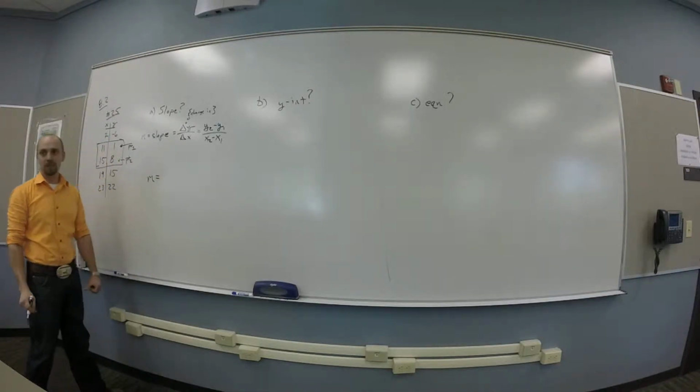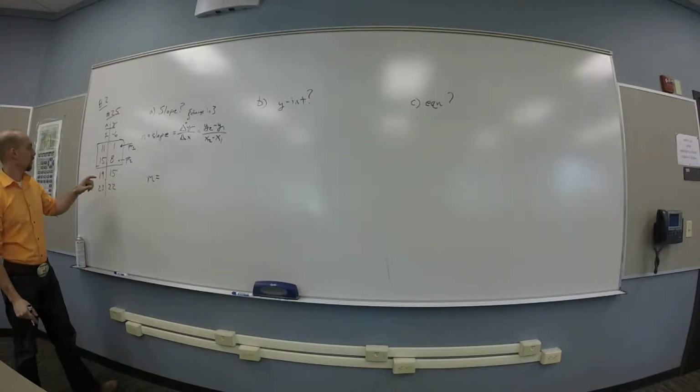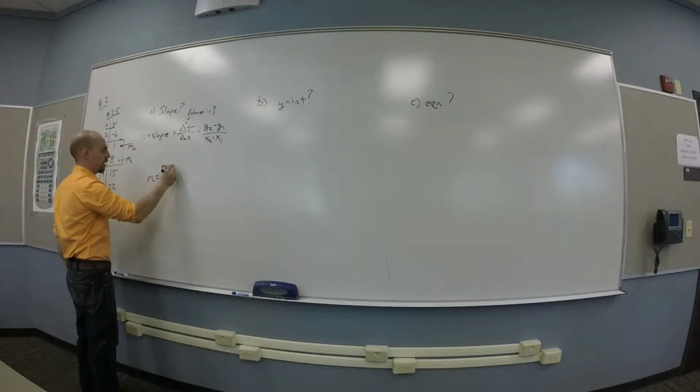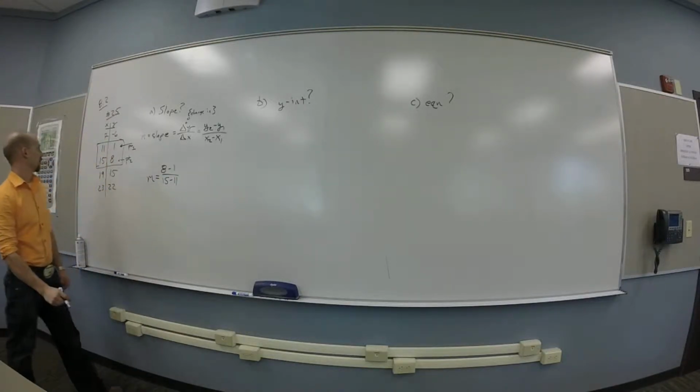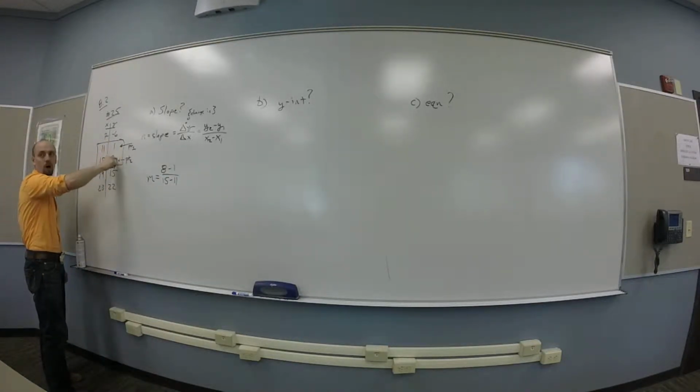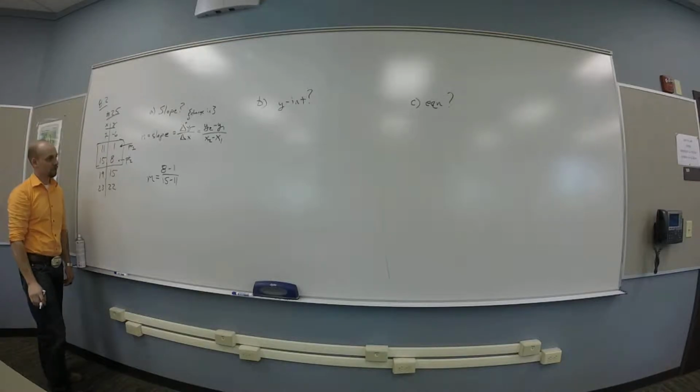m is 8 minus 1 over 15 minus 11, with the change in y over the change in x. Cool.